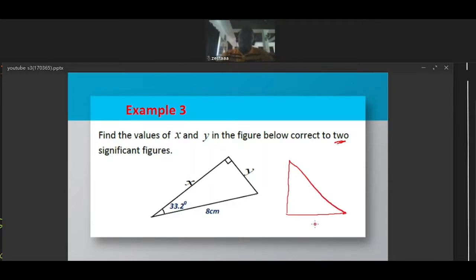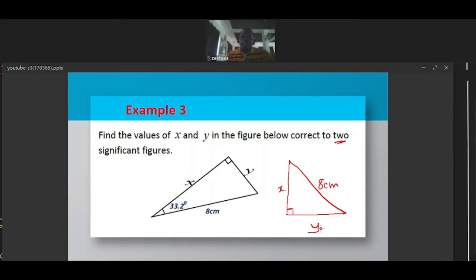Here we shall have our angle, which will be our y, and this will be our point x, and this will be our 8 centimeters when you redraw it that way.